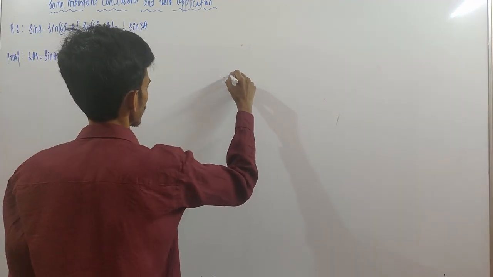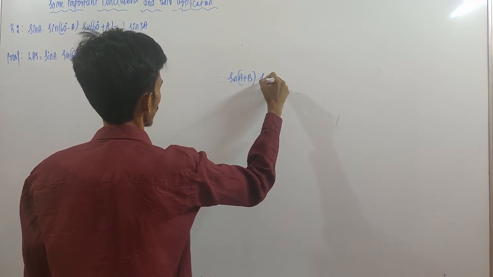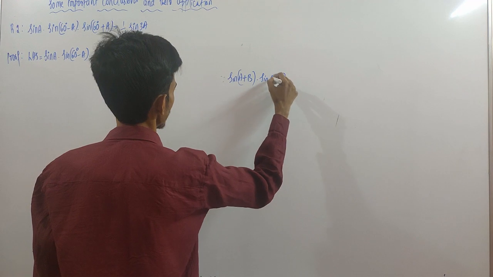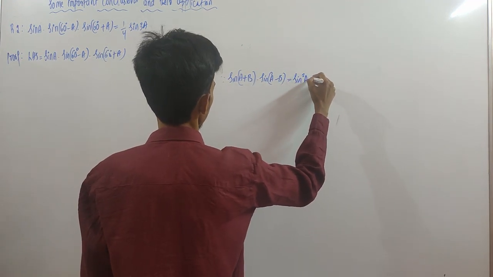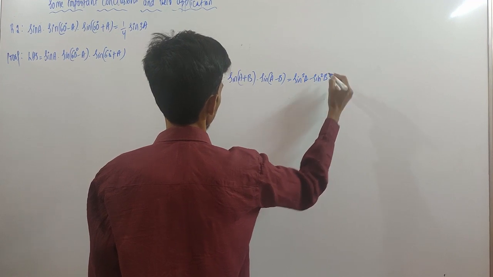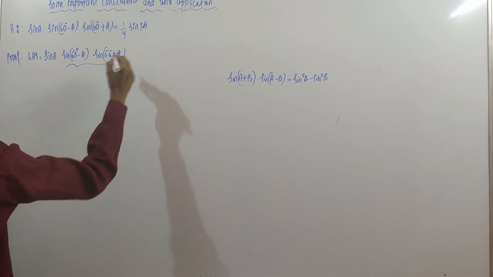We know that sin(A plus B) into sin(A minus B) value is sin square A minus sin square B. Both will be sin. So apply that formula here.